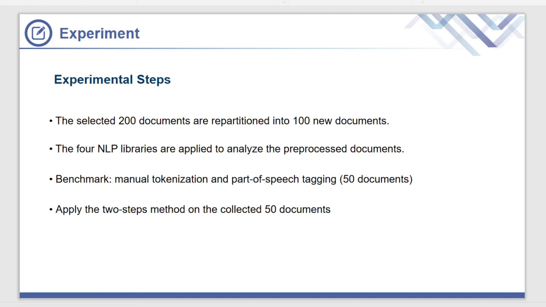The final results are determined through our discussion. Step 4. We apply the combined method on the collected 50 documents and discuss the effectiveness of our method and the 4 NLP libraries based on the handmade benchmark generated in Step 3.